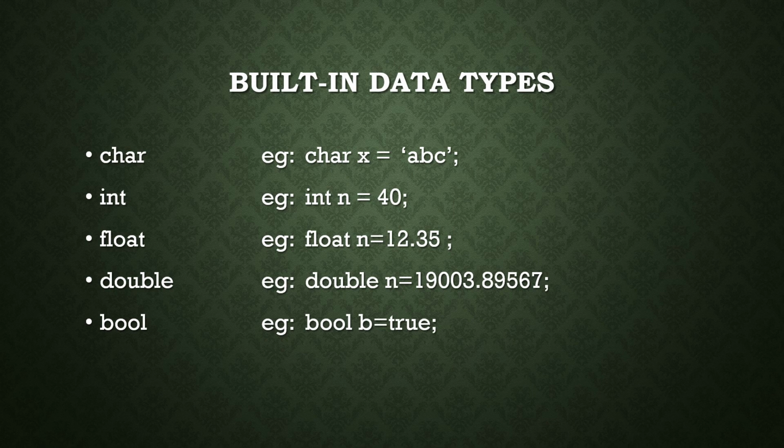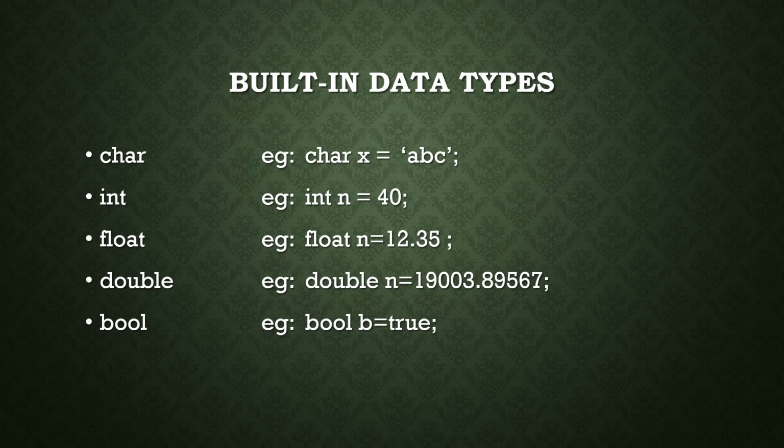Then next one is your float. Float data type is used for storing floating point numbers. Floating point means fractional numbers, numbers having decimal points. So for storing fractional numbers we have to take float data type, and the memory size for float data type is 4 bytes.